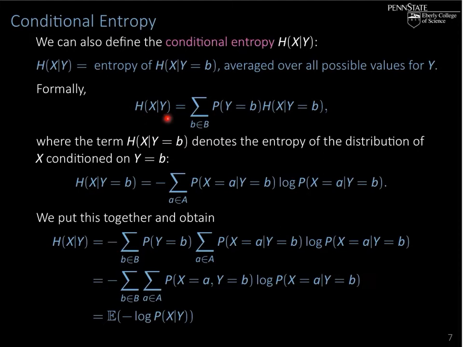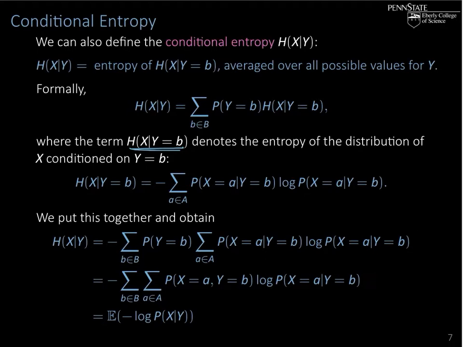H(X | Y) is just the average, the expected value, of H(X), where this X is now conditioned on Y being equal to b. So how is this defined? Well, that just denotes the entropy of the distribution of X conditioned on Y being equal to b. Namely, here's the formula.